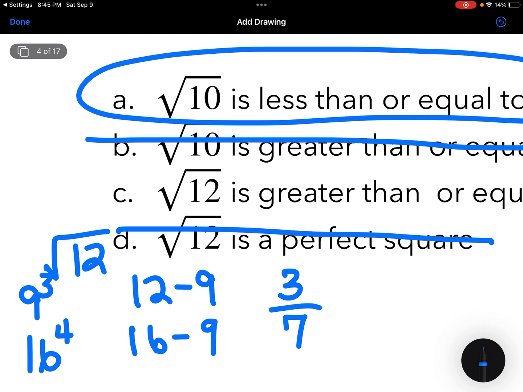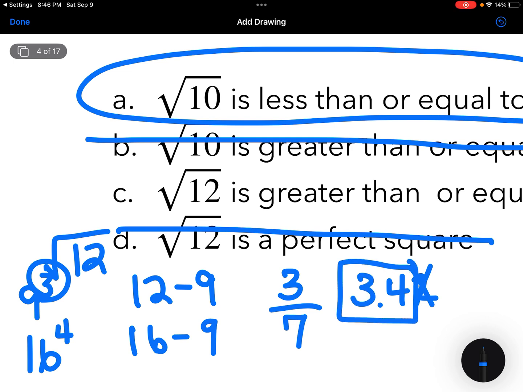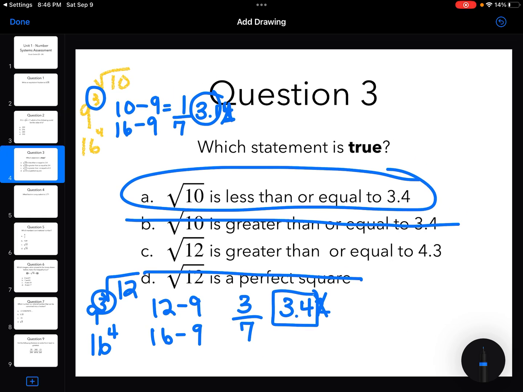So I'm going to do 3 divided by 7 in my calculator, and I get 0.42. The 2 doesn't tell me to round up, and I have to take the lower square root, so I get 3.4. So that's not correct either.